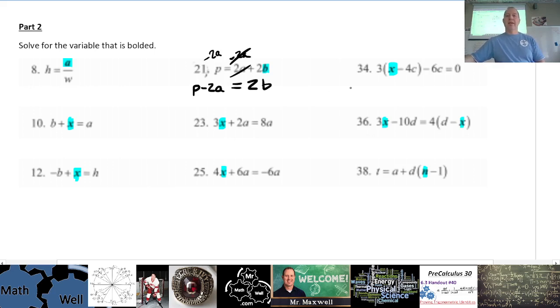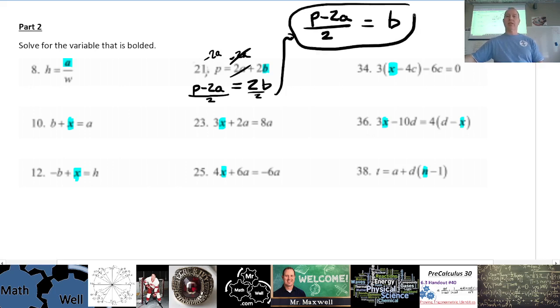Now, because that's just not a number, how you express b by itself when you divide by 2, you divide the whole side by 2. So this becomes, and you can just leave it like this, p minus 2a over 2 equals b. That's good. You could simplify this further, but that will be fine for me.